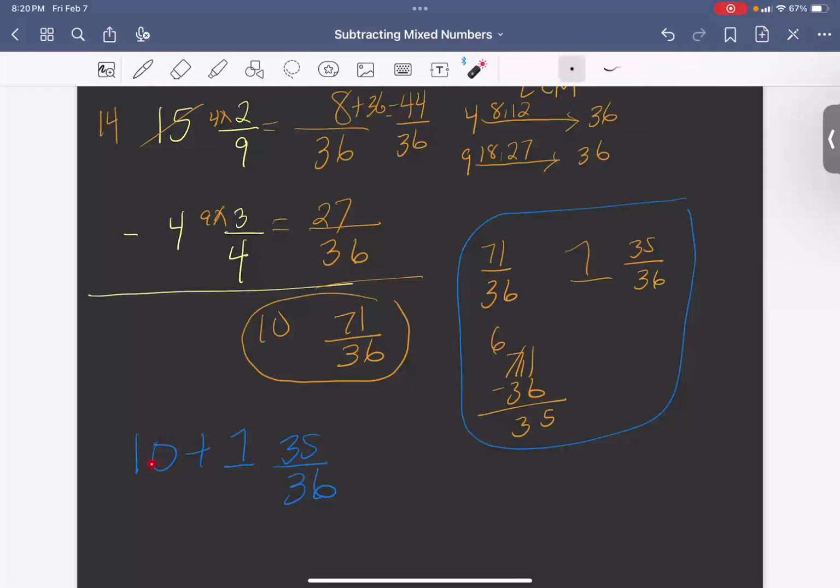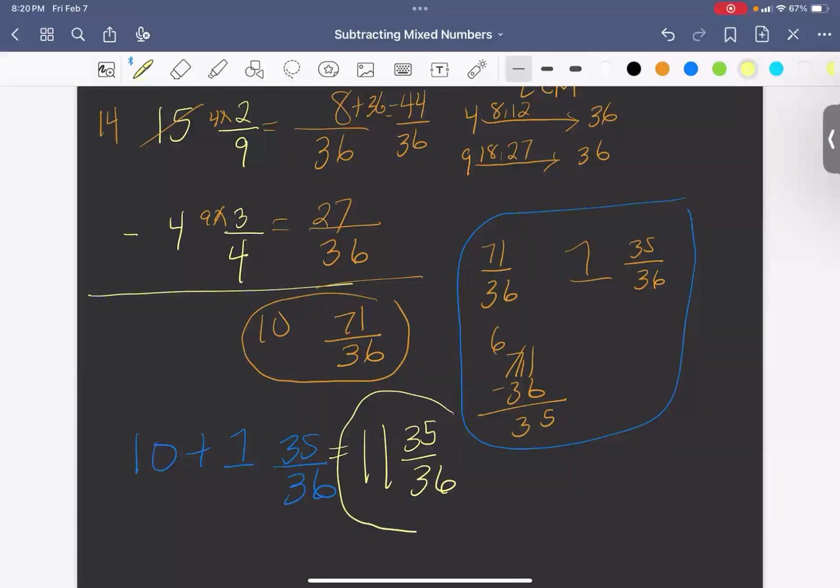So 10 plus 1 equals 11, and then we have the fraction 35 over 36. So this is our final answer in simplest form.